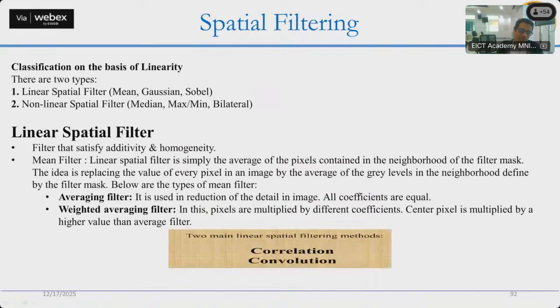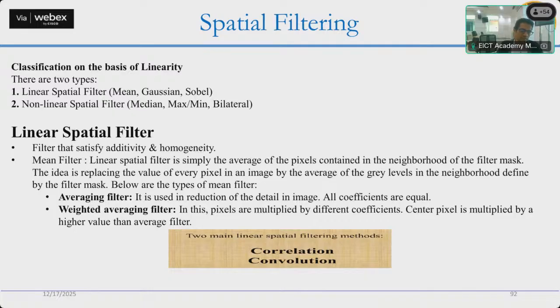Now, there are two types of spatial filter. One is the linear spatial filter, another is the non-linear spatial filter. Remember, whatever task you consider, as we discussed even yesterday, people use different types of filter.